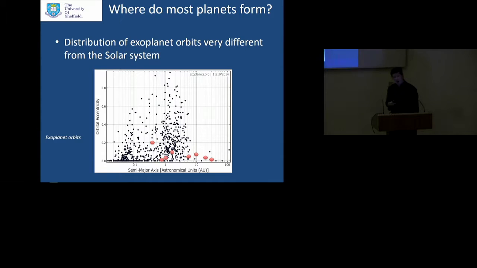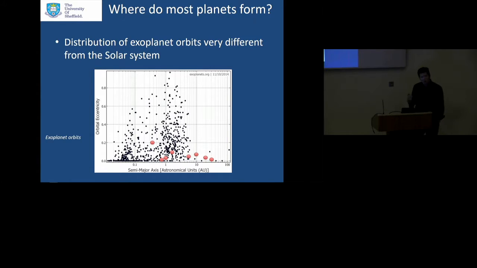On the other hand, if we look at the distribution of exoplanetary orbits and compare those to the orbits of the solar system, changing topic somewhat, but the two are linked, we see that compared to the solar system, the orbits of extrasolar planets are very, very different most of the time. The solar system planets are shown in red here, and we see that there are a significant number of planets that have very high eccentricities, anywhere between 0 and 1.